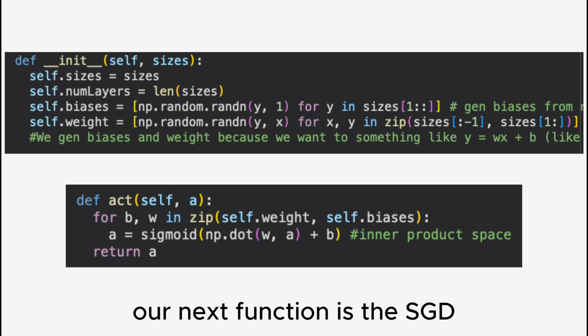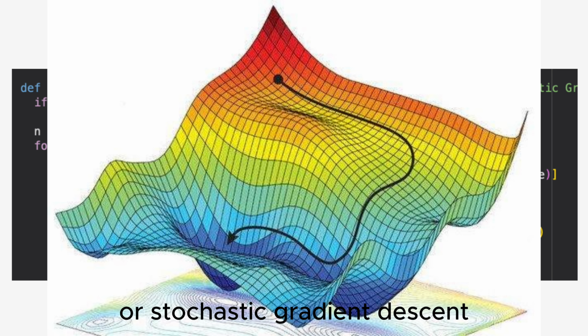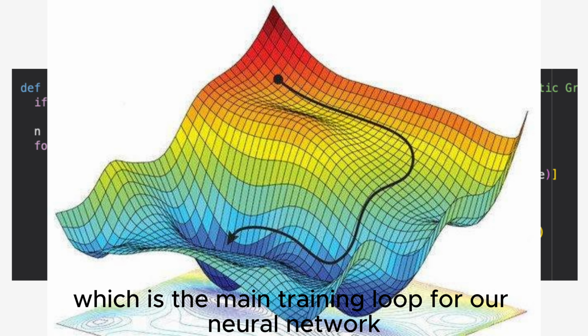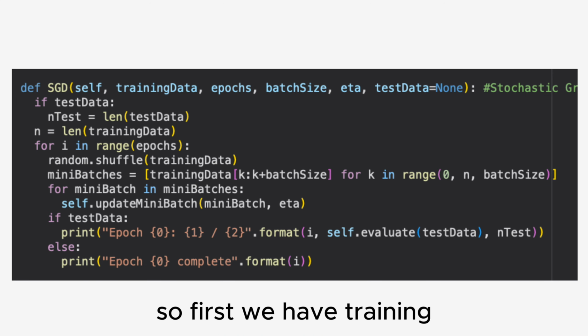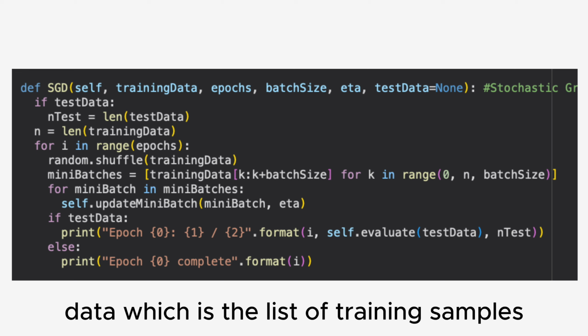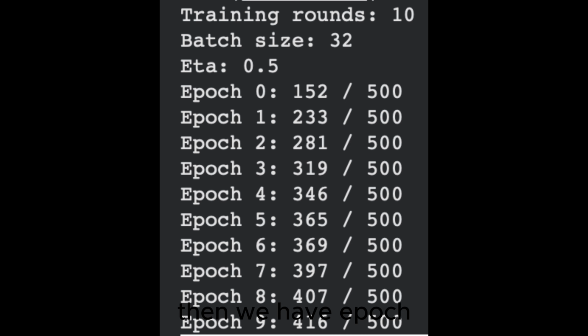Our next function is the SGD, or the stochastic gradient descent, which is the main training loop for our neural network. So first we have training data, which is the list of training samples. Then we have epoch, which is how many times to train the entire dataset. The batch size is the number of samples. ETA is the learning rate.